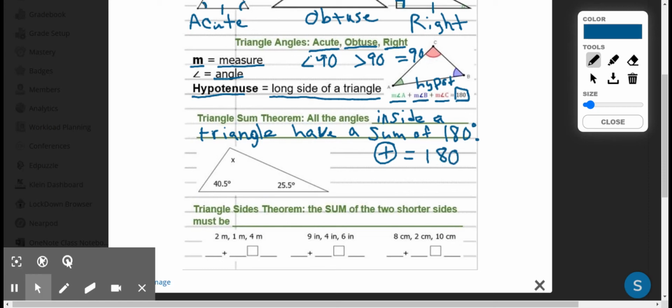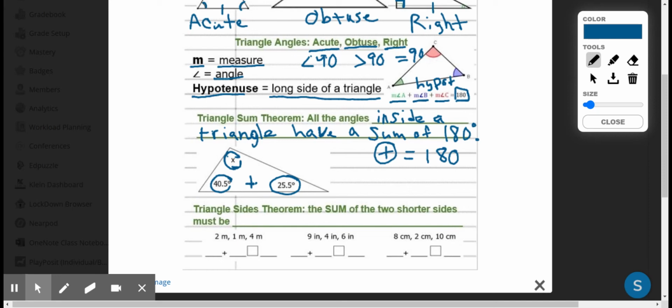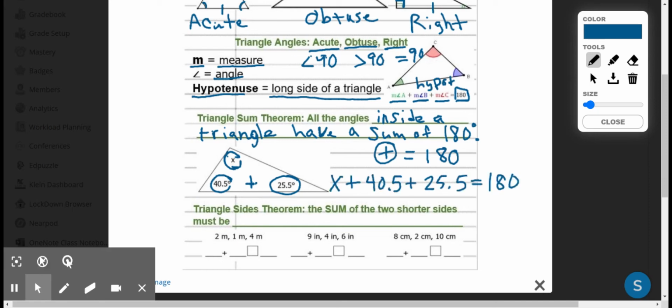So in the example down below, what it's saying is if we have x plus 40.5 plus 25.5, if you add all these up, that will equal 180 degrees.